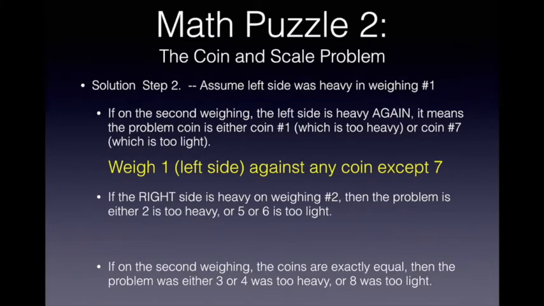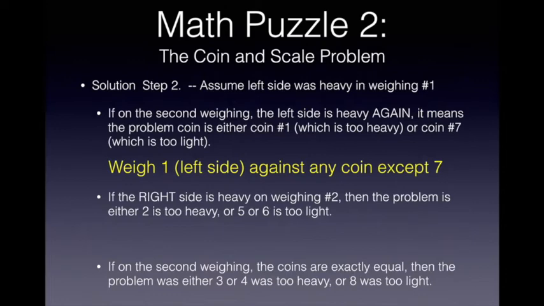So if we weigh coin number 1 against a good coin, say coin number 12, and they're the same, then we know the problem coin is coin number 7 and it's too light. And if coin number 1 goes down against coin number 12, then we know that coin number 1 was the problem coin and it's too heavy. Does that make sense? Think about it for a couple of seconds before I continue.